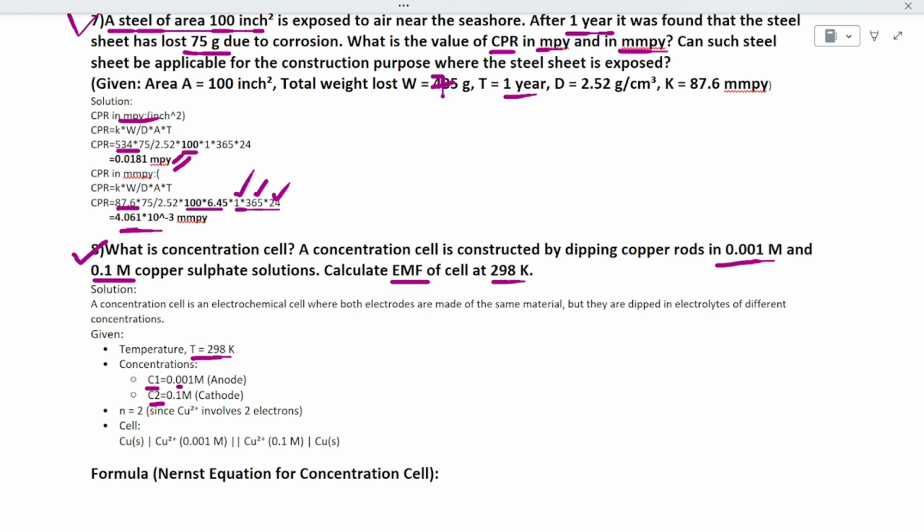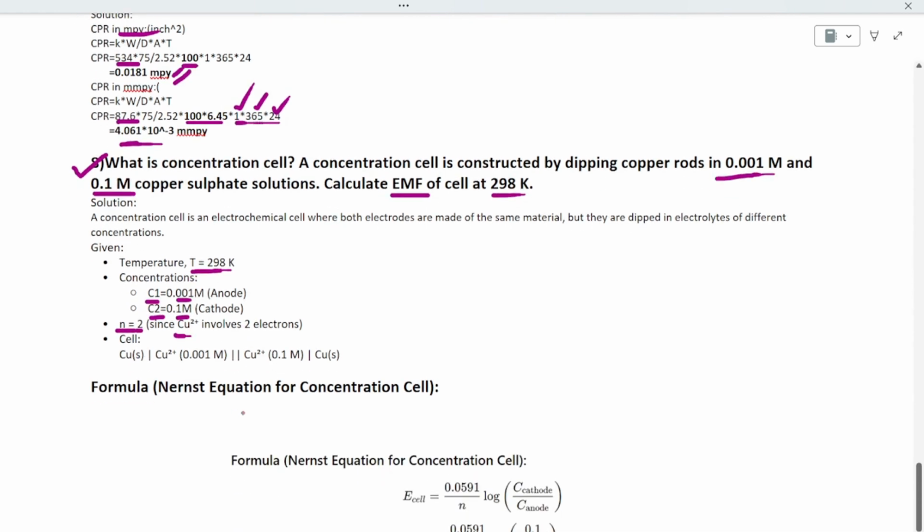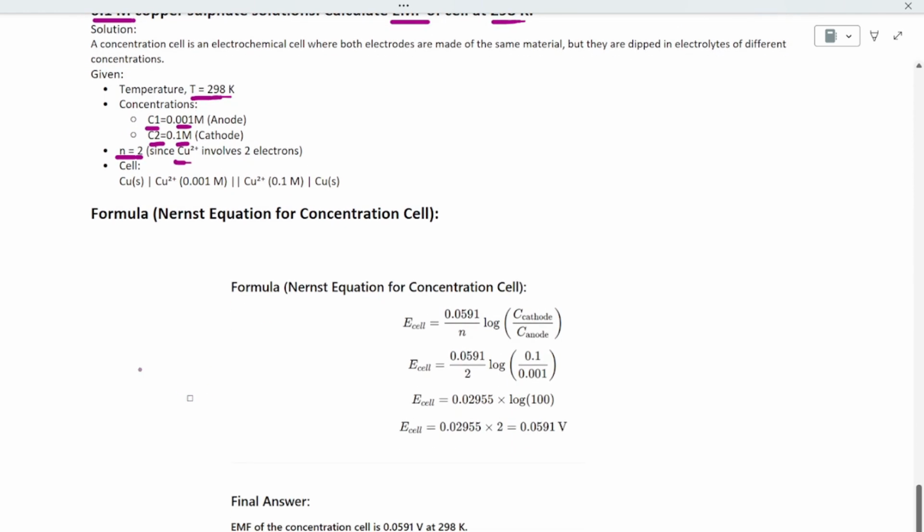This will be at anode and this will be at cathode, and n is 2, because you write Cu2 plus here, and the number of electrons here is 2. It involves 2 electrons for copper, and it may vary from element to element. In copper it is Cu2 plus, in aluminium it is Al3 plus, so it has various charge values, so it depends.